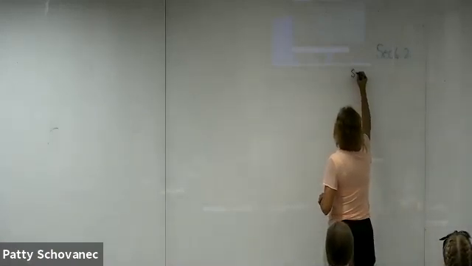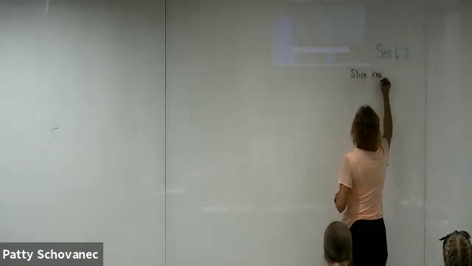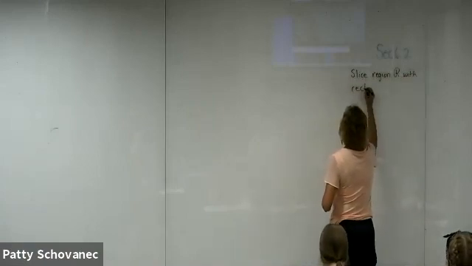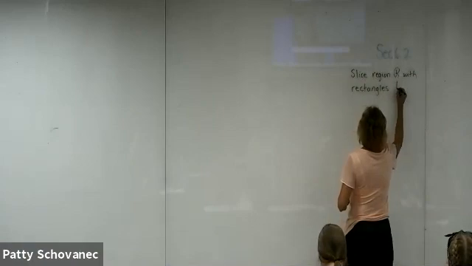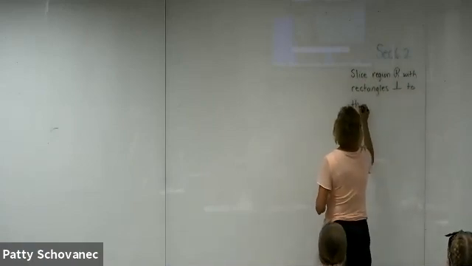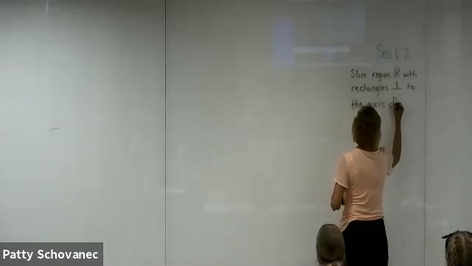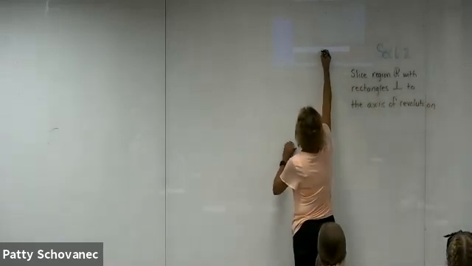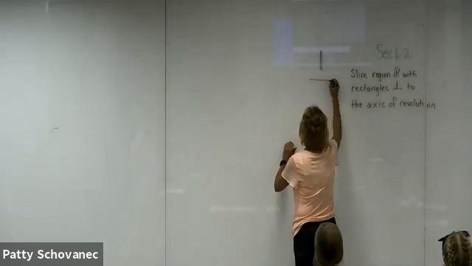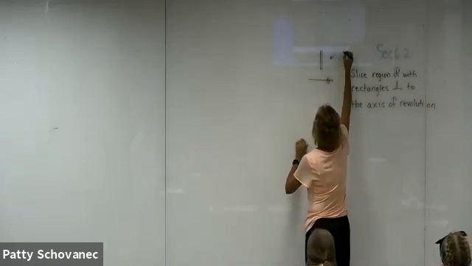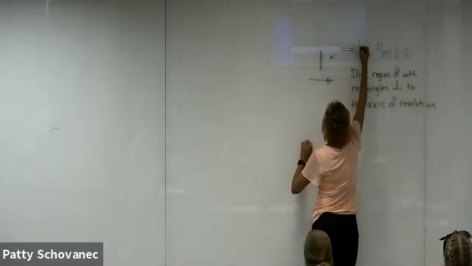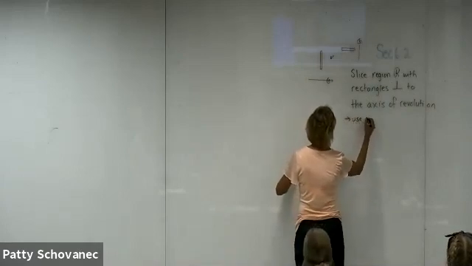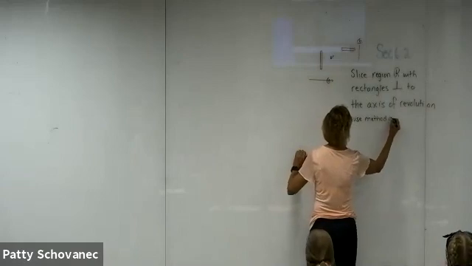So if we slice region R with rectangles perpendicular to the axis of revolution, whether my region R has rectangles this way, there's my axis of revolution, or that way, there's my axis of revolution, then we use the method of discs or washers.